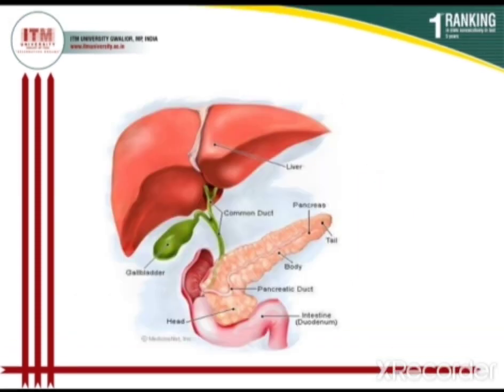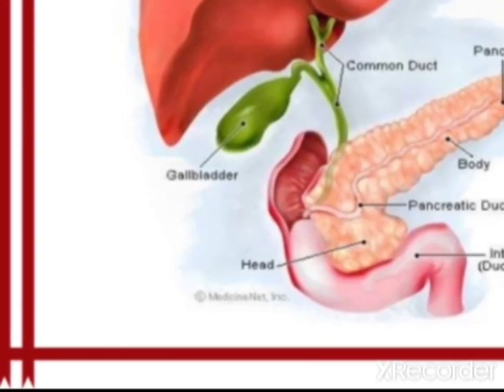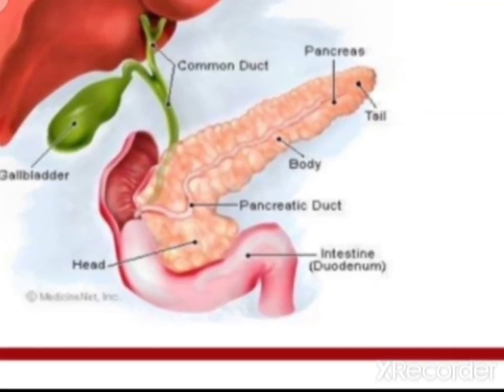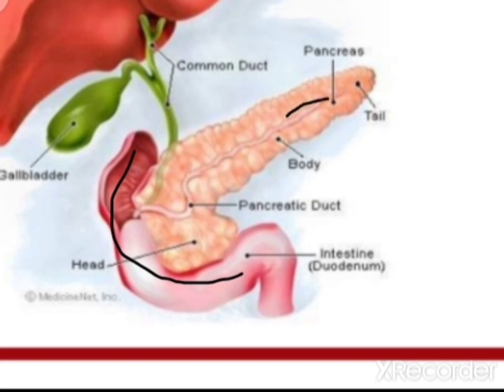Now as you can see here, this is the duodenum, and here you can see the pancreatic duct and the common bile duct opening in the lumen of the duodenum, because all the enzymes needed, the pancreatic juice and the bile juice, are needed for the digestion of the various nutrients: the breakdown of carbohydrates into glucose, fats into fatty acids, and proteins into amino acids.